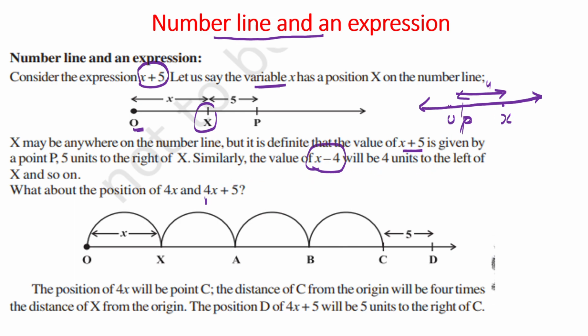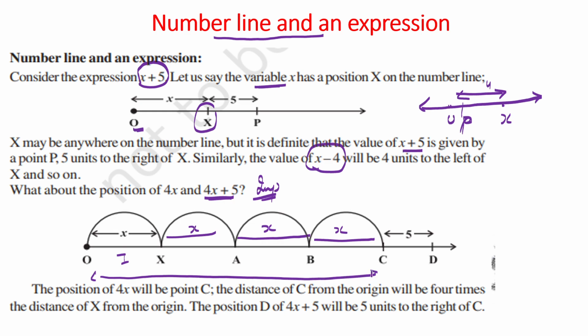Now, if we consider in a similar way 4x plus 5, this is very important. How to represent 4x plus 5? It means the position of 4x: if this is x, 4 times, the distance of C from the origin will be 4 times. This is x the first time, again x the second time, again x the third time, again x the fourth time. So from O to C, what is it? 4x.